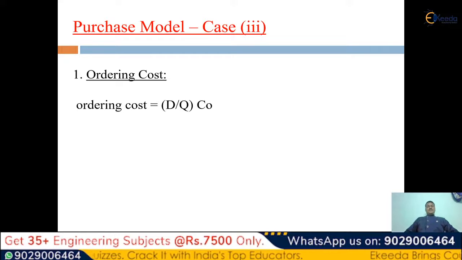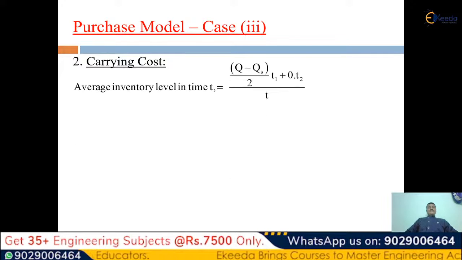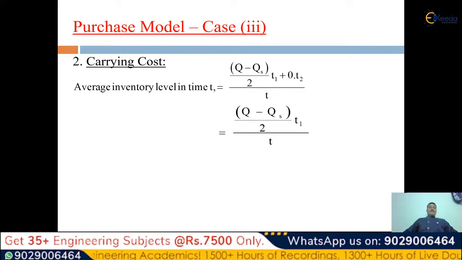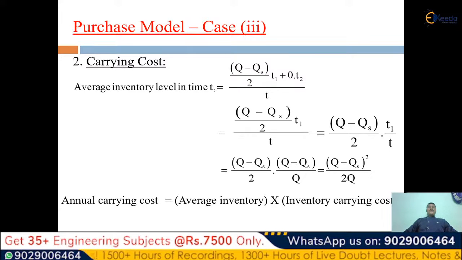The ordering cost is given as D by Q into the overall cost CO, and the carrying cost is given as the average inventory level for the time T, which is Q minus QS by 2 of T1 plus T2 over the whole of T. The final formula comes out to be Q minus QS whole square by 2Q.